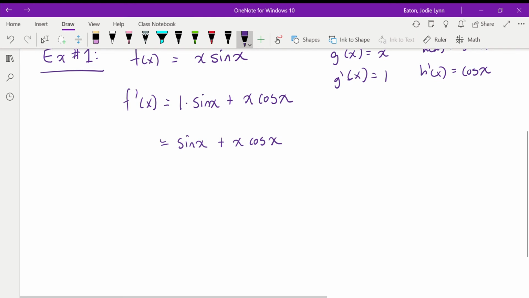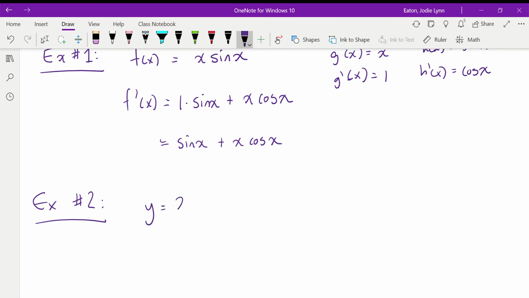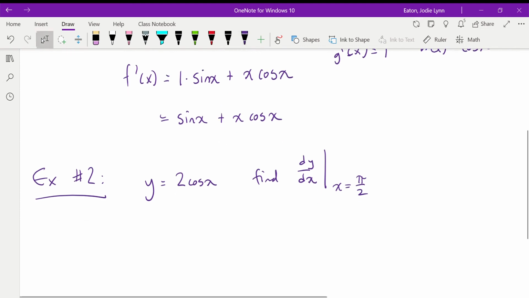so let's look at example number 2. We have y equals 2 cosine x, and we're going to find dy dx, but we're going to actually evaluate it at x equals pi over 2. So dy dx is equal to, notice when I use the f of x notation, I like to write f prime.